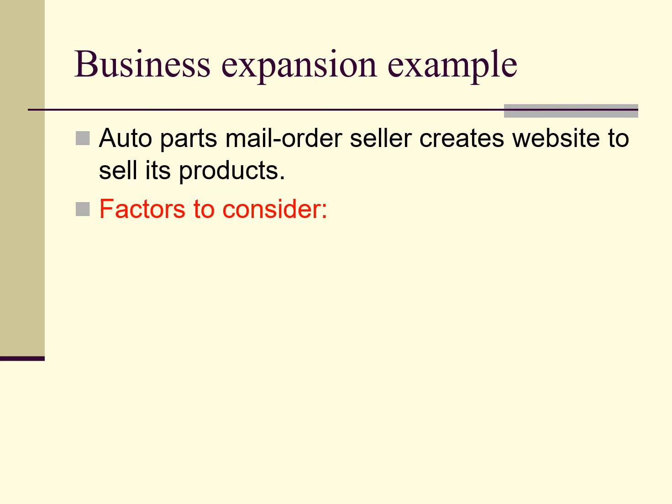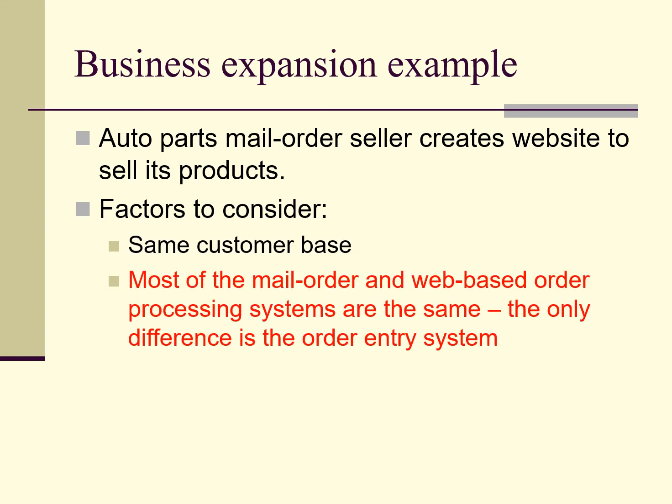In this example, primary factors to consider in deciding whether there is a new business or the expansion of an existing business are the taxpayer selling the same products to the same customers, but selling them in a different way.